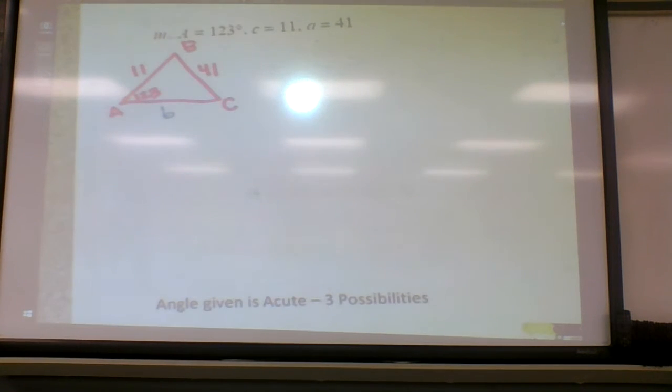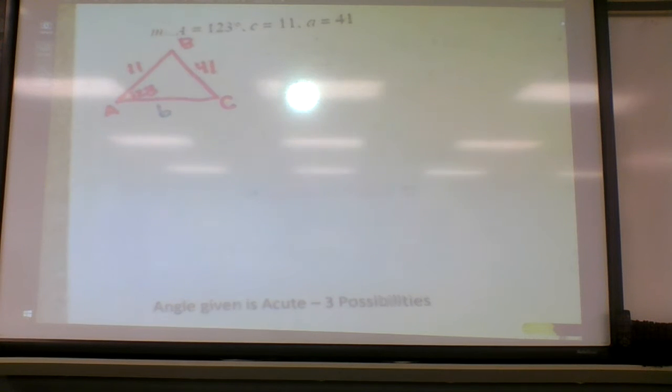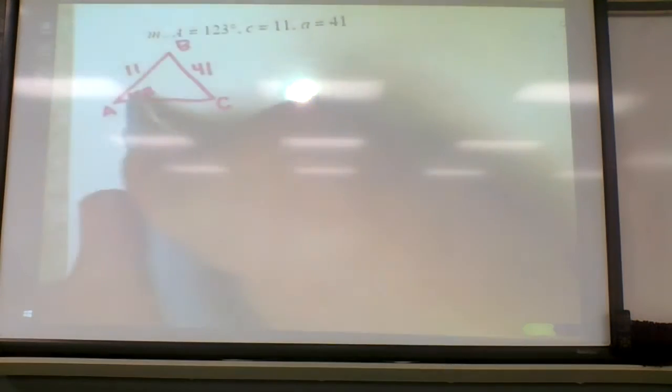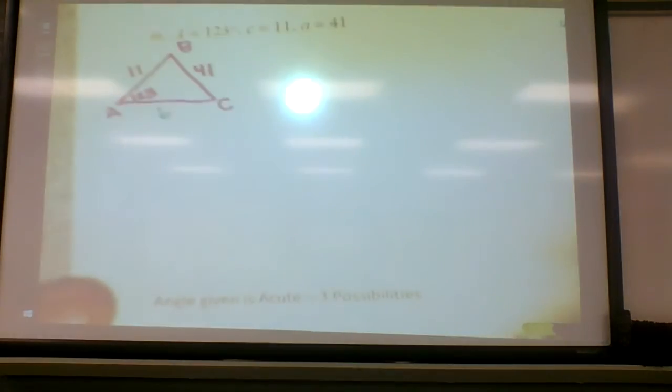Angle B, angle C, or little b? Angle C. Why angle C? Because you have the side that goes with it, right? So you can't find angle B or little b because you're missing the angle and the side. You have to have one of the two pieces in order to figure it out. So A is your pairing, and then C is the one where you have the other side.